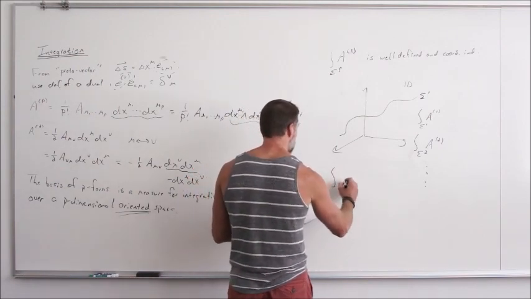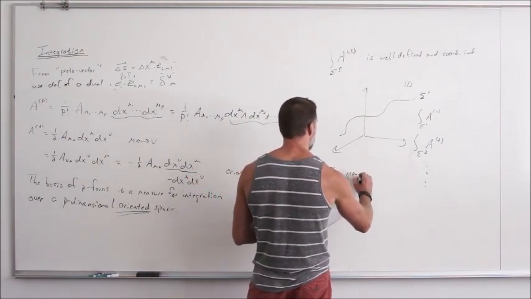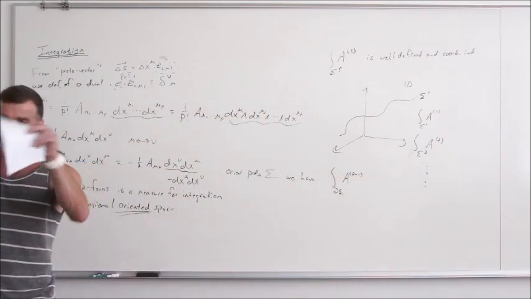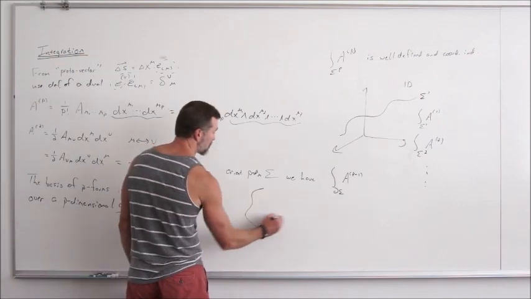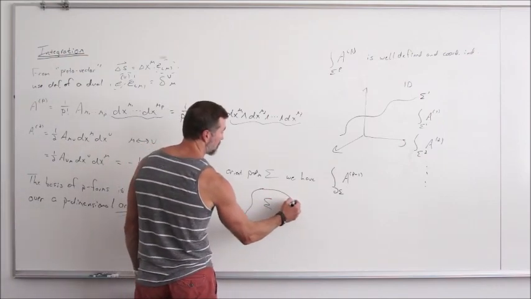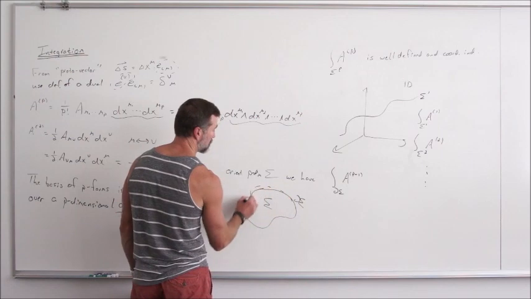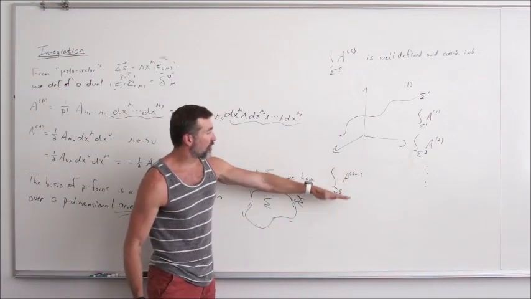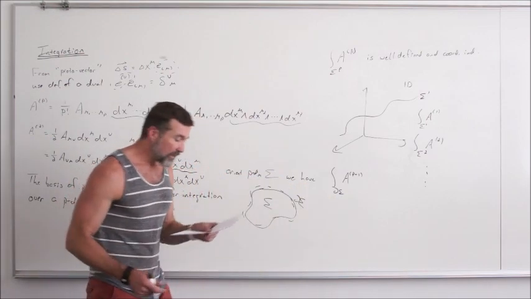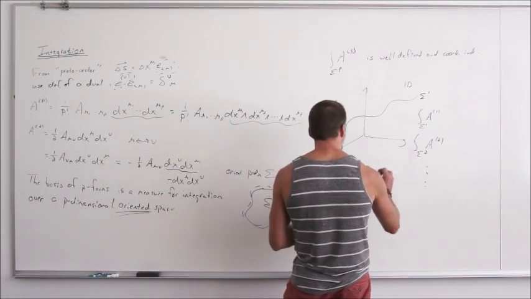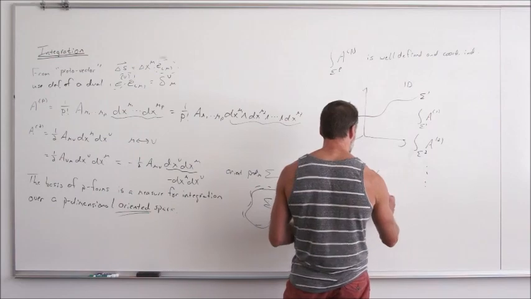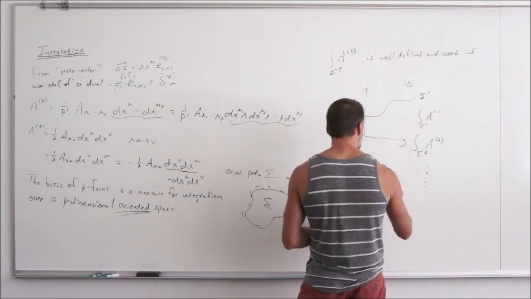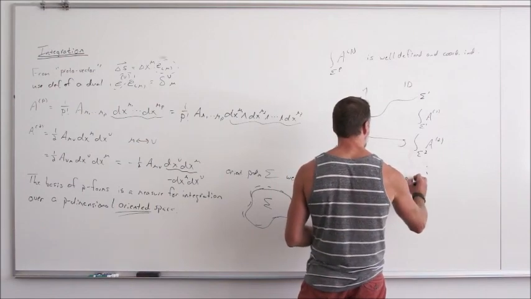We have that if I integrate a p minus 1 form over the boundary of sigma, so that partial just means you're looking at the boundary. So sigma is something like this, and then the boundary is indicated like that. If we take a p minus 1 form and integrate it over the boundary, then in general, this is equal to the integral over the entire space of the exterior derivative of the p minus 1 form.